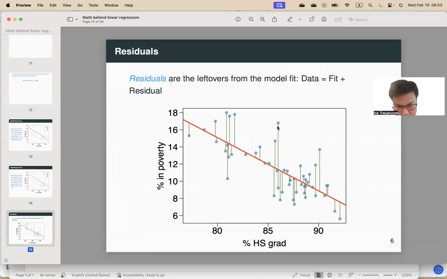But the residual for this one, for example, is really high, right? 6% or something. So that's the residual. The residual is the difference between the data and the line of best fit point. Okay, that's the residual.